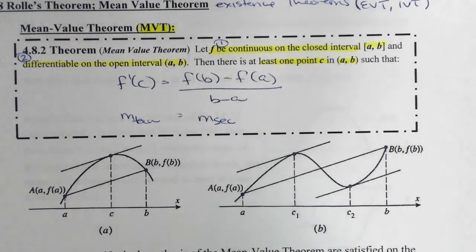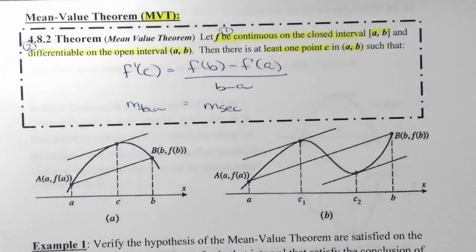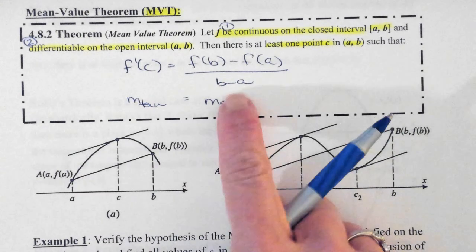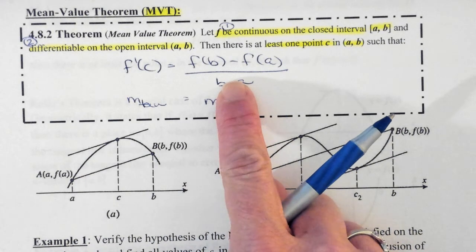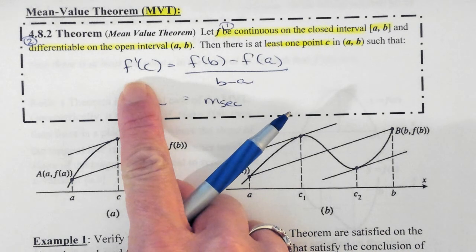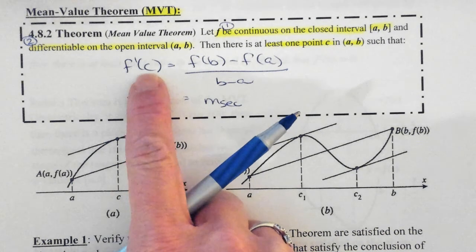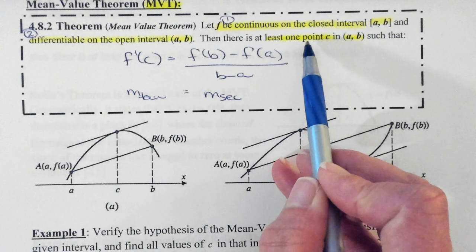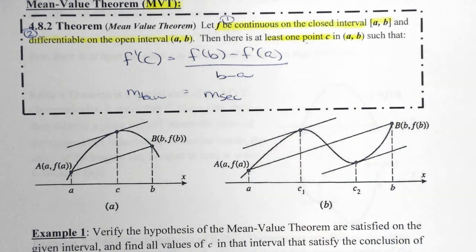So basically what we're looking for is where the slope of the tangent line is equal to the slope of the secant line. This is just y sub 2 minus y sub 1 over x sub 2 minus x sub 1, right? And then if you have the function, you take the derivative and evaluate it at that given value c. So this also says there's at least one point C. All we need to prove is there's at least one, but there could be more than one.